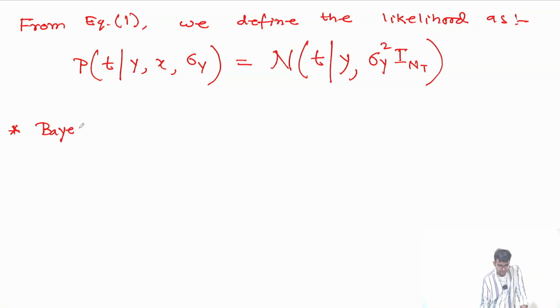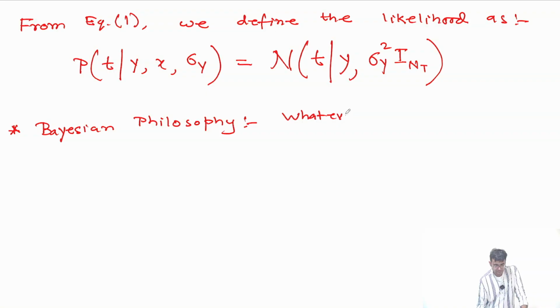Okay. So let me write it down once more. Bayesian philosophy: whatever is unknown is considered random.